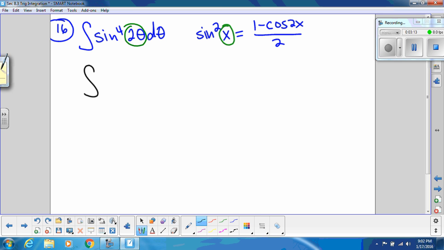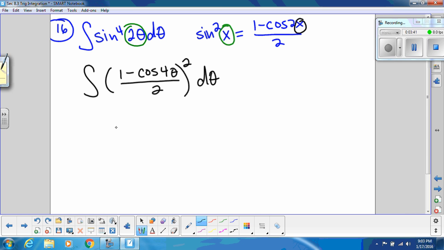So when I rewrite this integral, I'm going to be doing 1 minus cosine of 4 theta over 2. Okay, and I got the 4 theta because I'm doing 2 times that 2 theta. And then all of that is just sine squared, so I would have to square that.